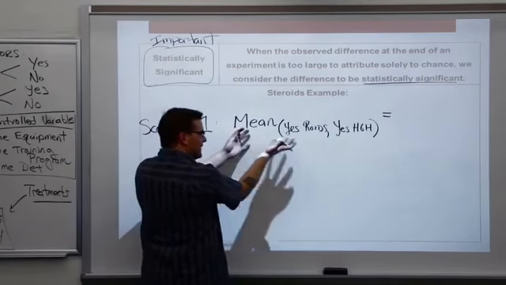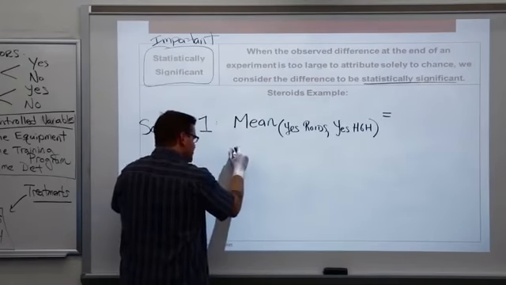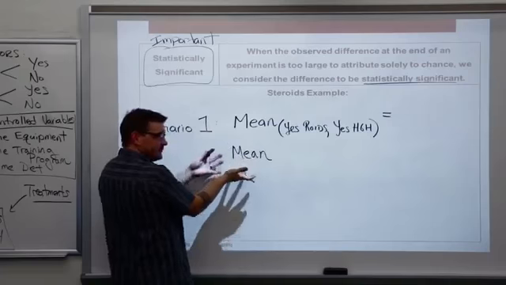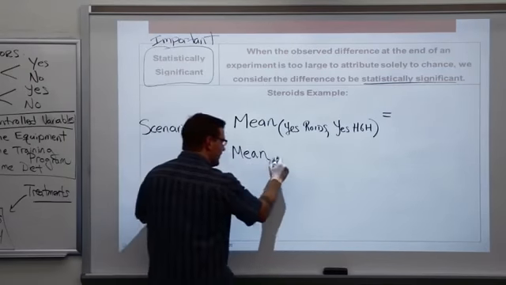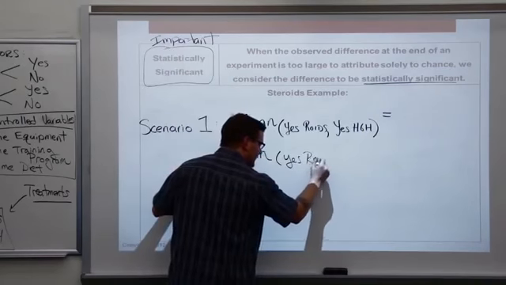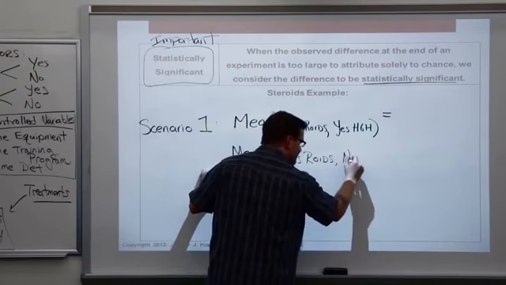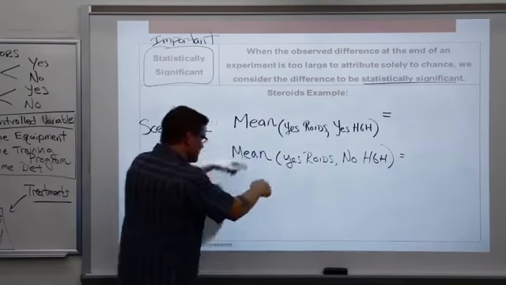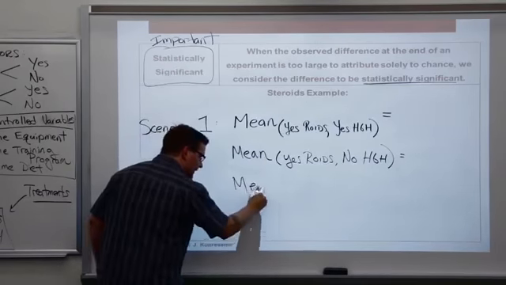Okay, so I've got the first mean for the first treatment group. Here's the second mean. I wrote mean out. I could have used the symbol Y bar. Hopefully we didn't forget that, right? The second group, yes, they got roids, but no HGH. And there's 2 more. We'll get them down. So here's the third mean.